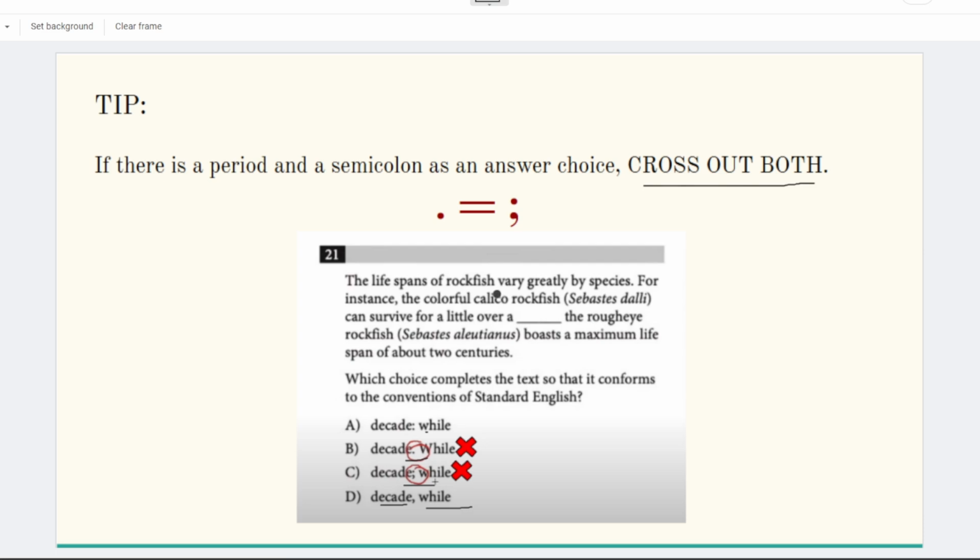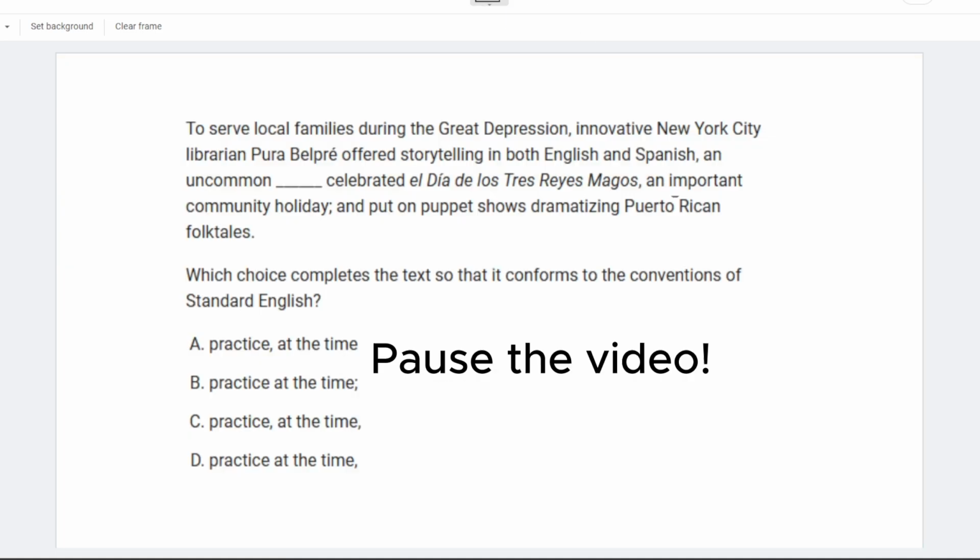For instance, a colorful calico rockfish can survive for a little over a decade, while the rough-eye rockfish boasts a maximum life. So you see, when you were reading out loud, you stopped yourself at over a decade, while the rough-eye. That's one of the biggest tips too. Go with the instinct.